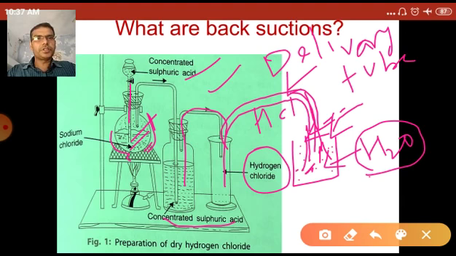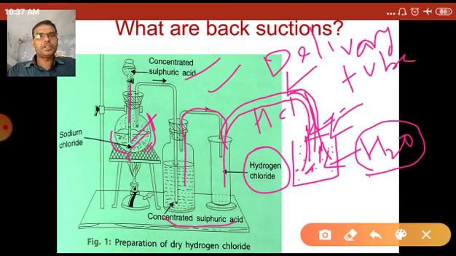So the low pressure appears in the delivery tubes, and the air pressurizes the water from the outside, and a force created in the water pushes the water into the delivery tubes, because of the low pressure in the delivery tube and high pressure on the water. So the rise of water in the delivery tube is called the back suction.